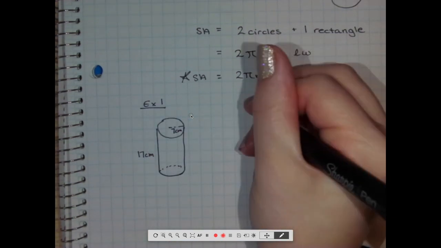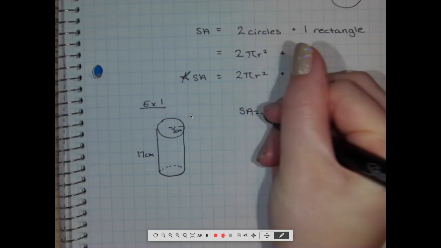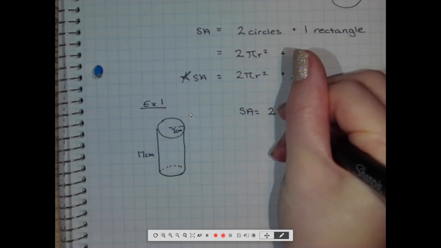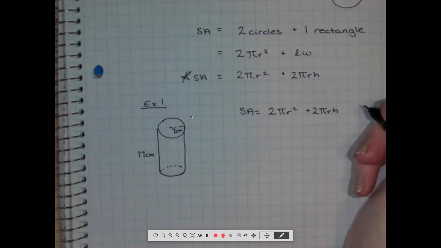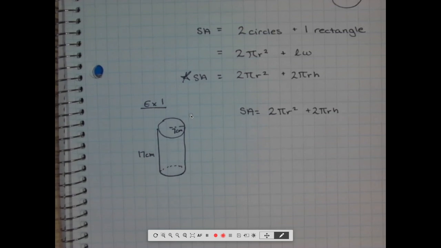First thing I need to do, write down my formula. This also tends to be why students find this a little bit simpler. The formula is pretty easy to use. Doesn't change up a lot.